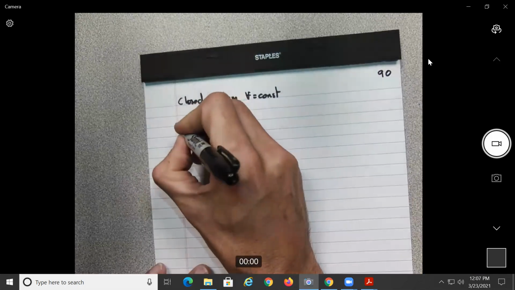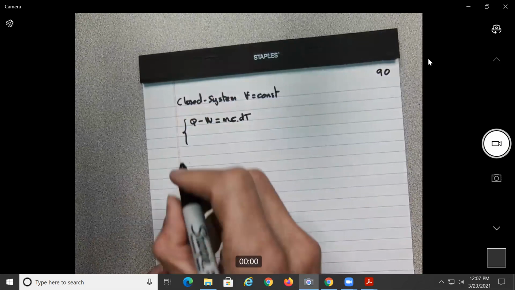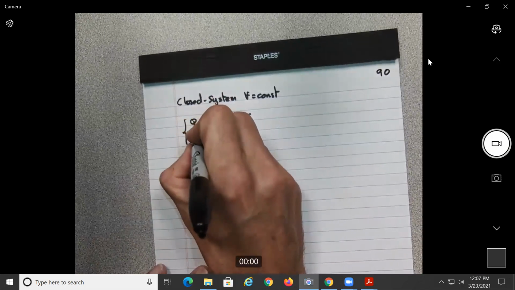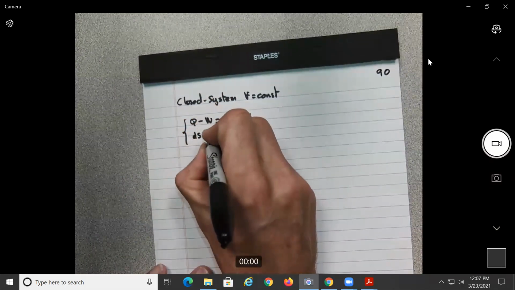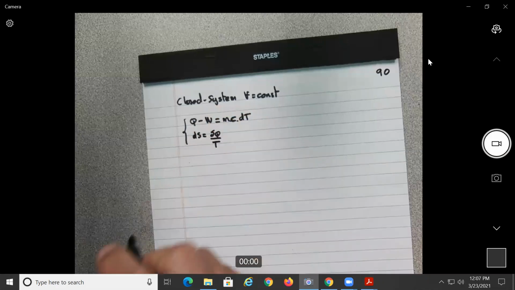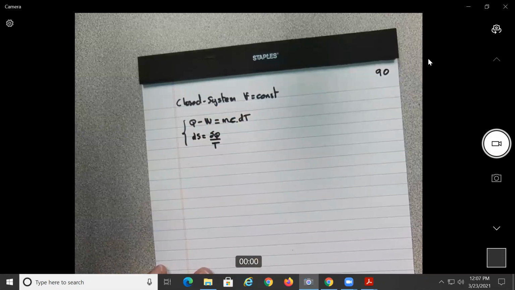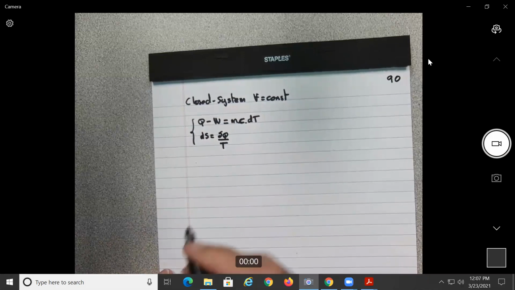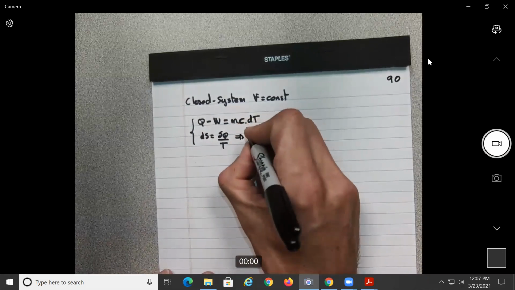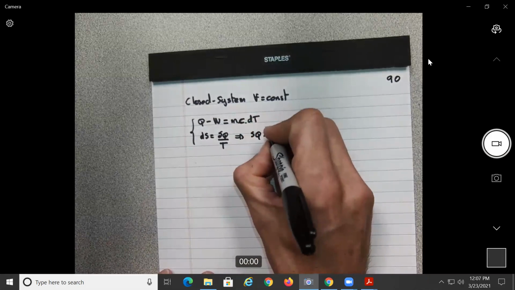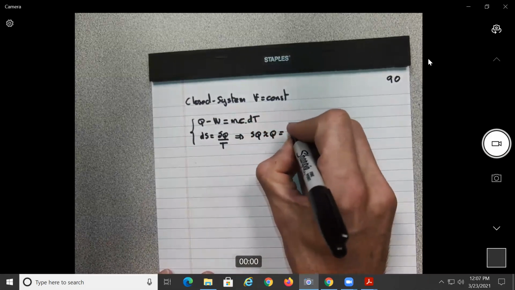And then, what is the definition of entropy? Change of entropy dS is equal to delta Q over T. So if you remember when we did the TdS relation, I said here that delta Q is more or less equal to Q. So this will be equal to TdS.